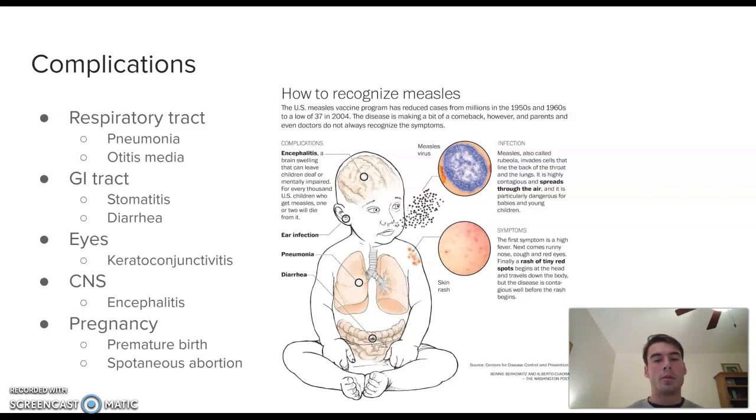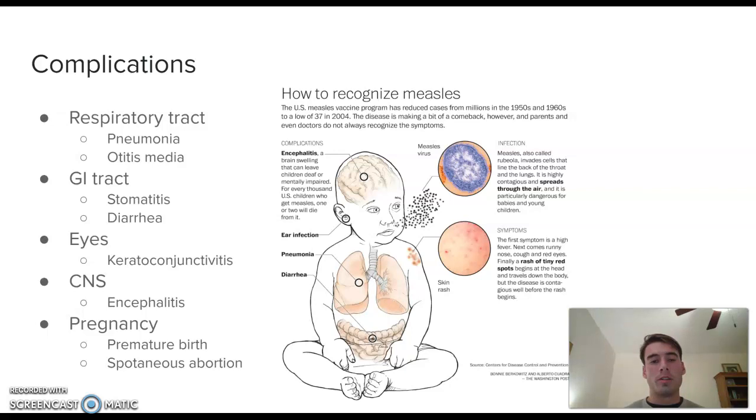If the person who's infected with measles is pregnant, it can cause various complications such as premature birth or sometimes even a spontaneous abortion. As far as the mortality rates of measles go, in healthy children, the mortality rate for measles is about 2 in 1,000 cases, so about 0.2% of people.